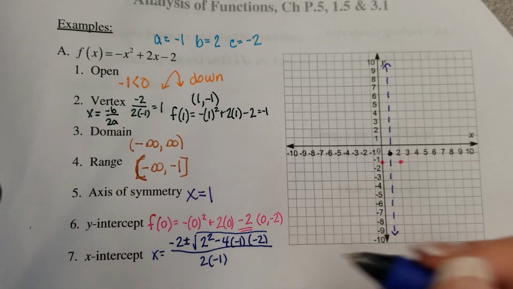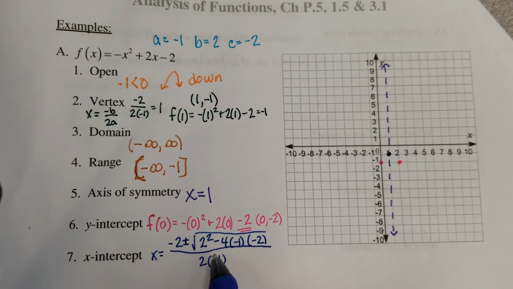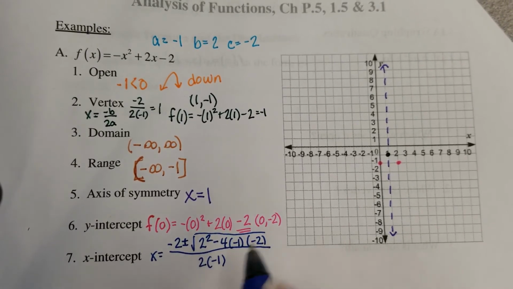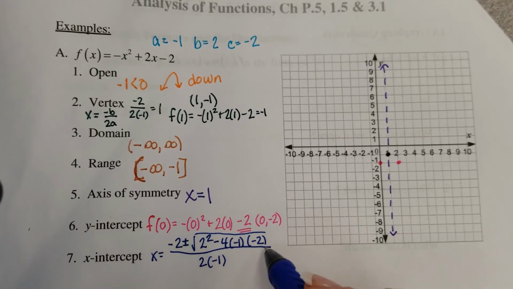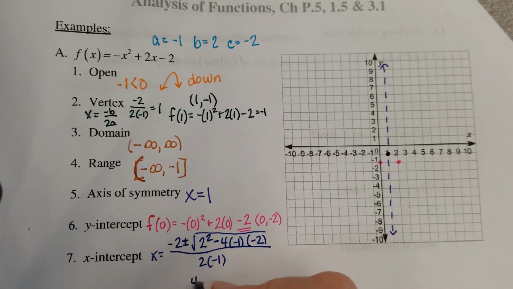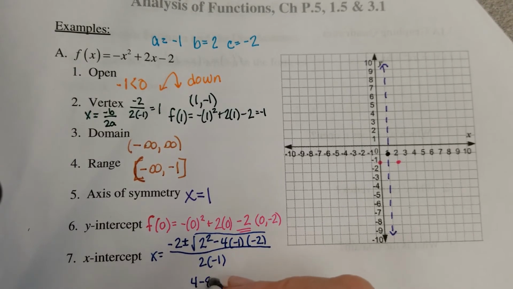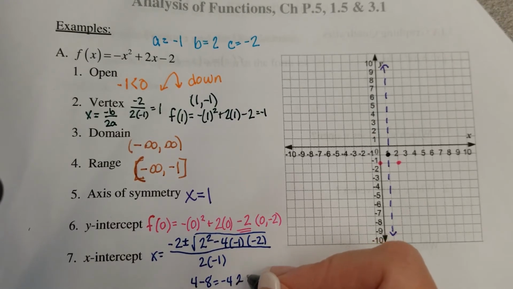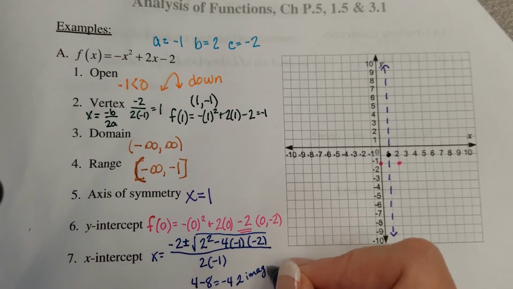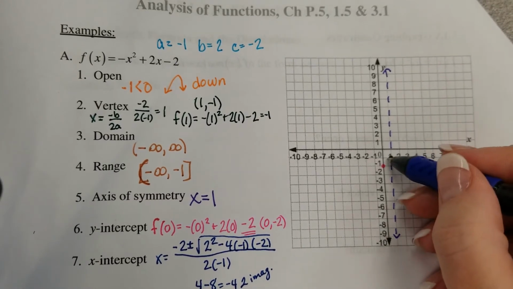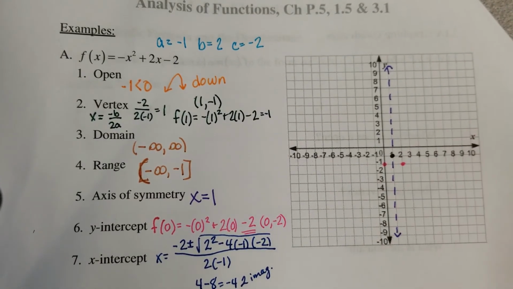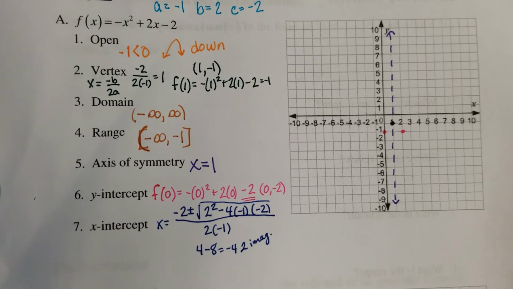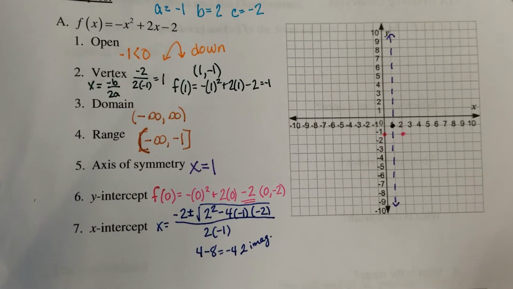I am going to end up with a negative number because 2 squared minus 4 times 2 is 4 minus 8, which is negative 4. This is going to be imaginary, so it's 2 imaginary solutions. And I also know it's going down. It's not even crossing the x-axis. So that means I'm not going to have any x-intercepts.